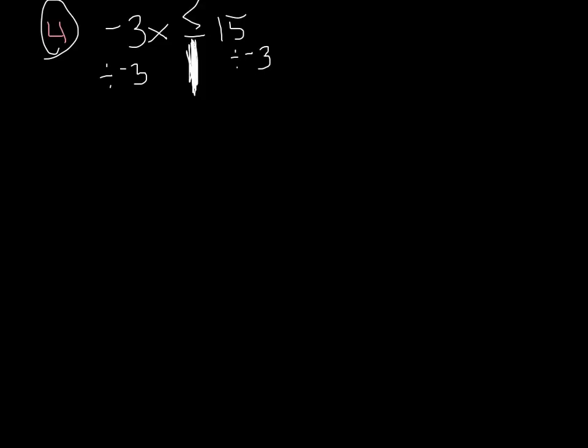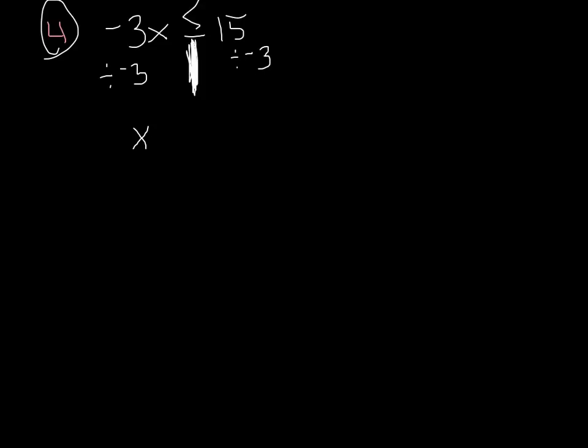So negative 3 divided by negative 3 is just a regular old x. Now alarm bells should be going off in your head because I am dividing by a negative number. And our rule states if you multiply or divide by a negative number, we need to switch the inequality sign's direction.